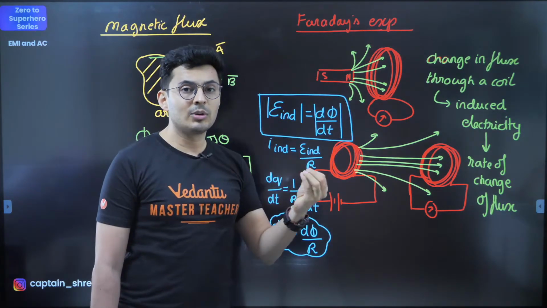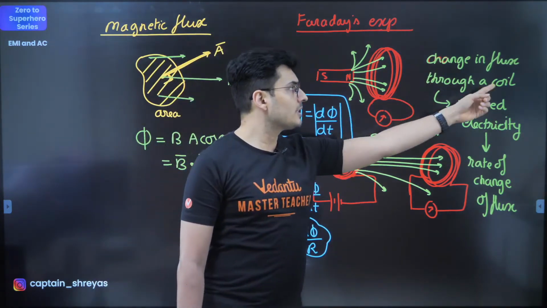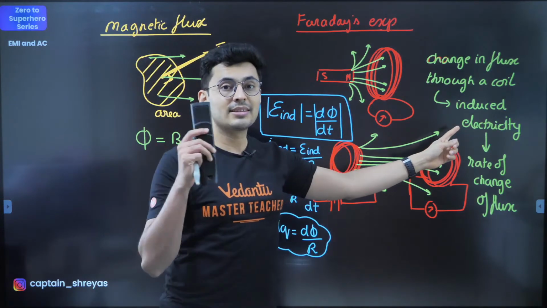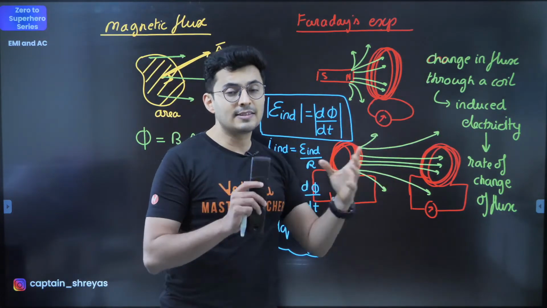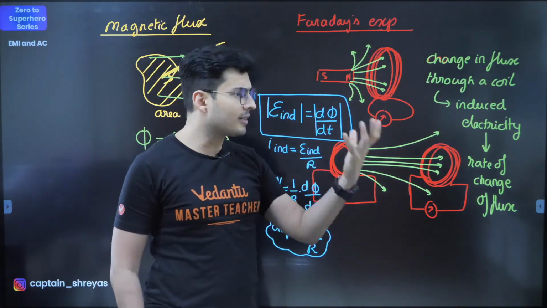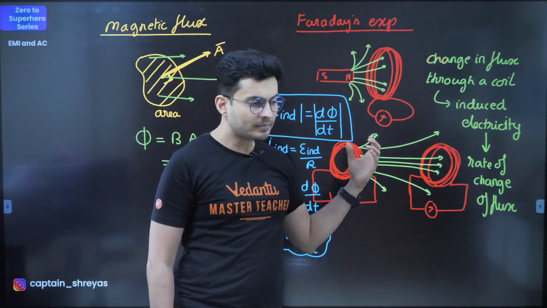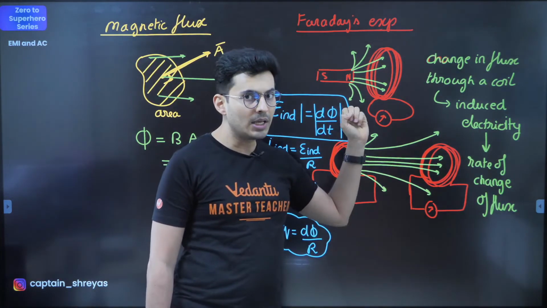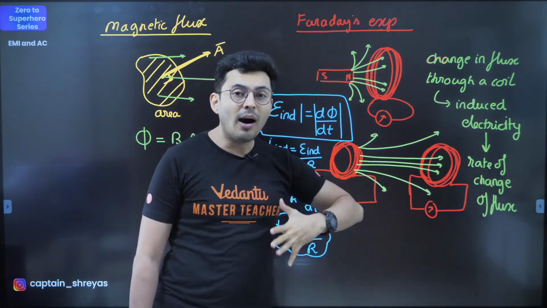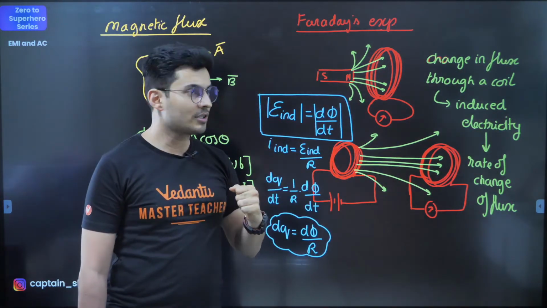So he came to the idea that whenever there is a change in the flux through the coil, electricity is created inside that coil, and that electricity depends completely on how quickly that flux changes.